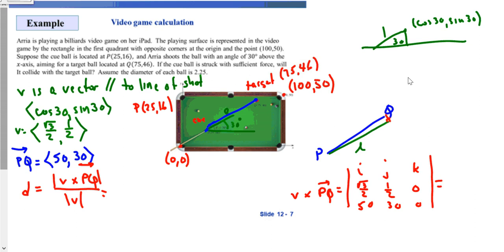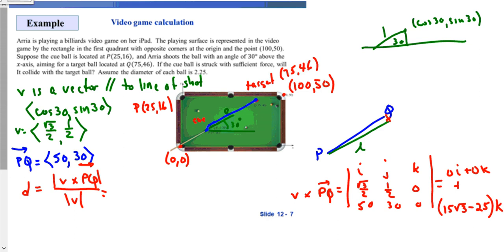So the cross product: the i component will be 0, the j component will be 0, and then the k component will be 30 times the square root of 3 over 2 minus 50 times 1/2, so 15 times the square root of 3 minus 25.